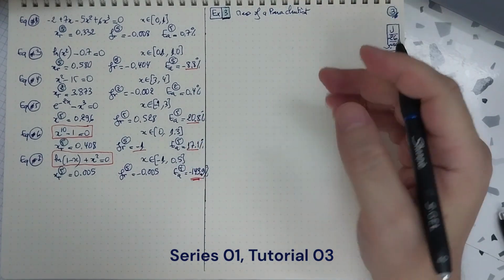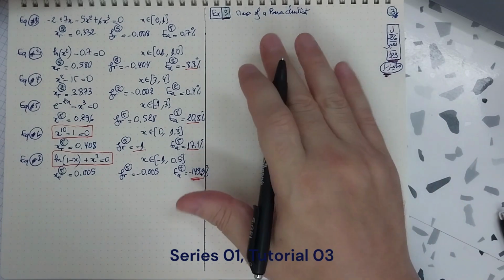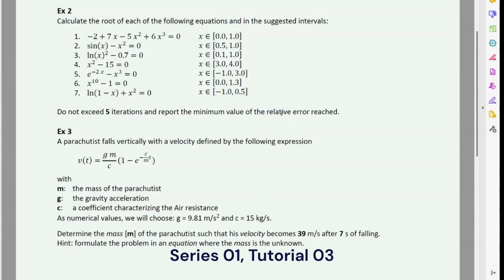We go to the screen, read the exercise, and then come back. Let's read our exercise for this tutorial, exercise number 3, and then we come back to our regular setting.